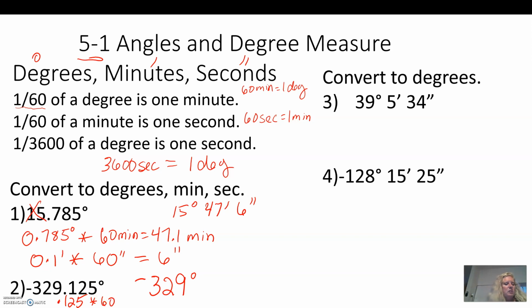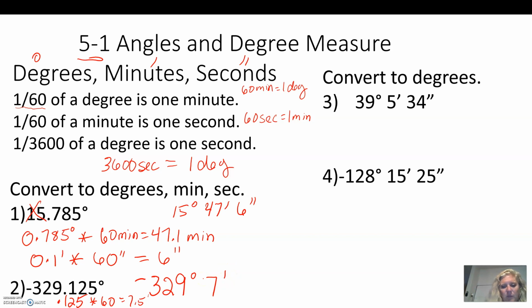Okay, so when we take 0.125 times 60, we get 7.5. That's going to be in my minutes. So we've got 7. I don't want to put the point there because that's going to be seconds. So we're going to use the 7 minutes.